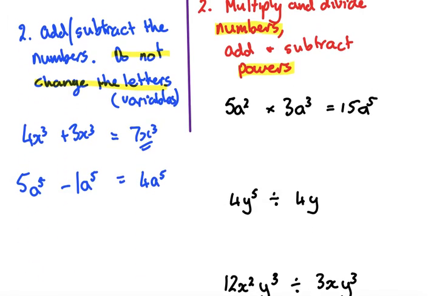When we have divided, we go 4 divided by 4. Well, that's going to give me the number 1. And y to the power of 5, y to the power of 1, there's an invisible 1 there. 5 minus 1 is 4, so that's y to the power of 4, which we can just write as 1y4, just like that.